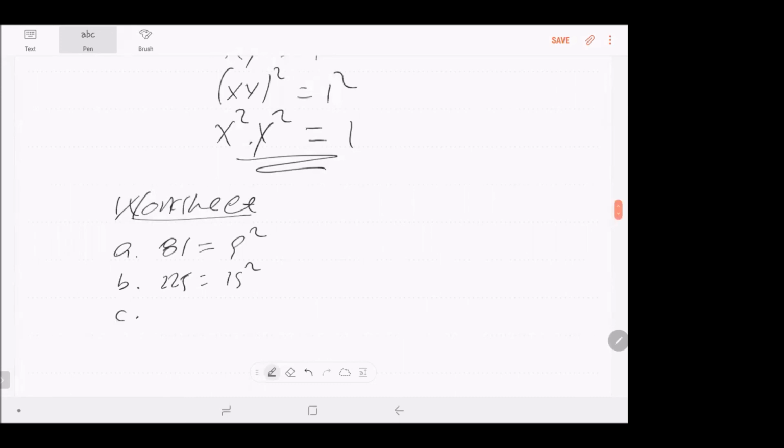And C, which is 625, is 25 squared, 25 times 25. But D, 160. Is it a square number first? Is there any rational number that, multiplied by itself, gives 160? No. So the answer is D.